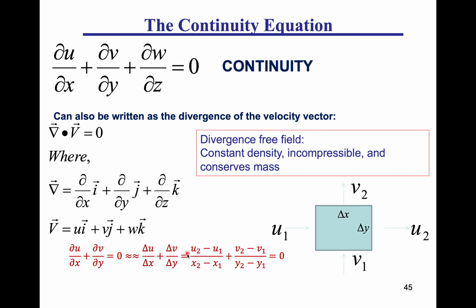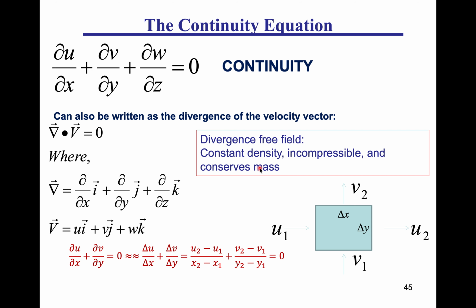So if u2 minus u1 is positive, then for my equation to be equal to 0, the y component of the velocity, the delta v over delta y, has to be negative. If that's positive, that has to be negative. So if my flow accelerates in the x direction, my flow has to decelerate in the y direction, which means v2 must be less than v1, if my flow is divergence free and it's a constant density type of flow.